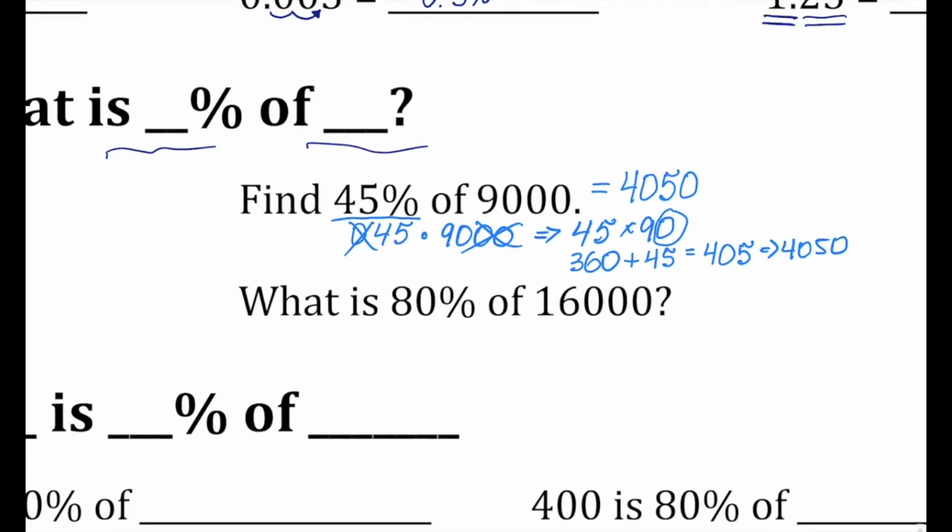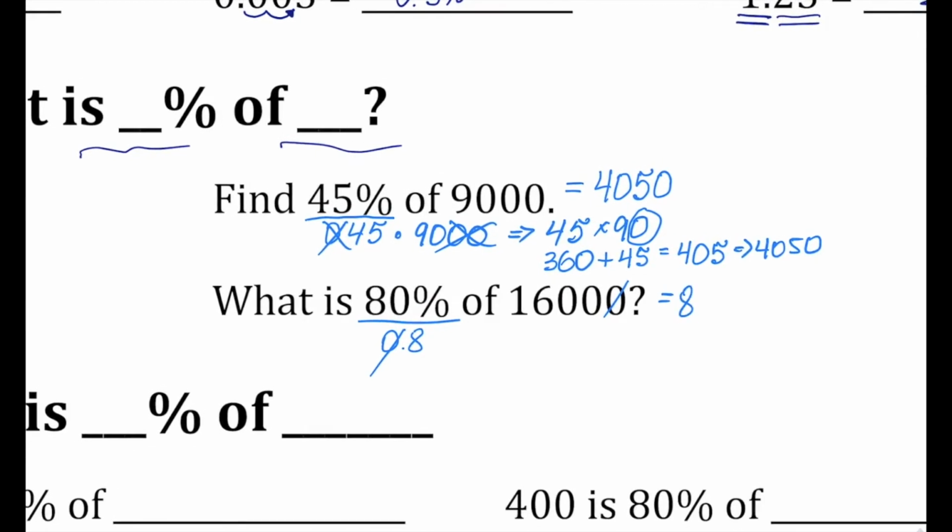Right? What is 80% of 16,000? Again, 0.8. Chip off, chip off. So that's going to be 8 times 16.